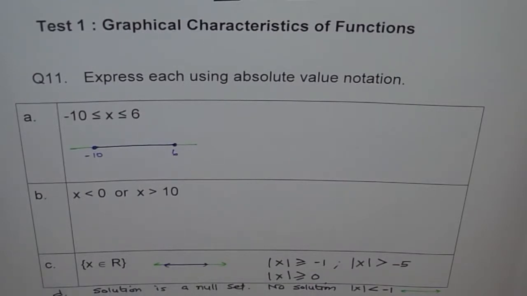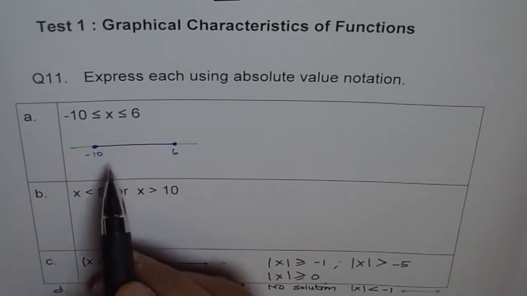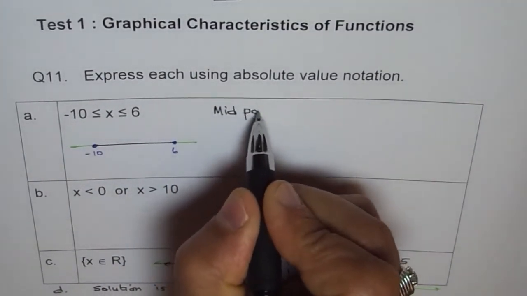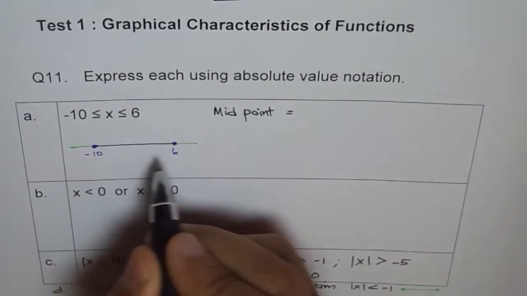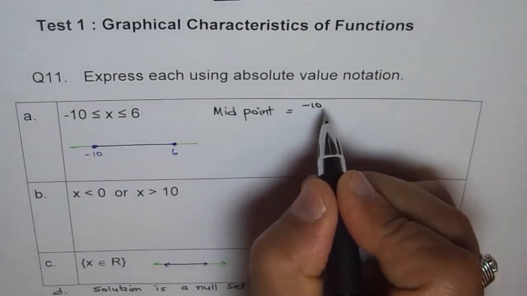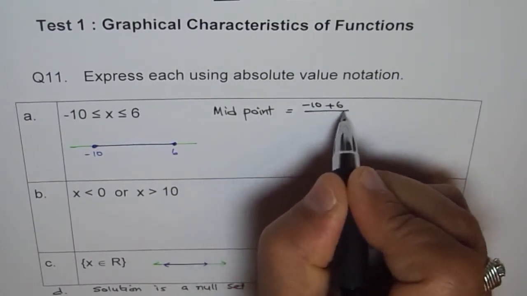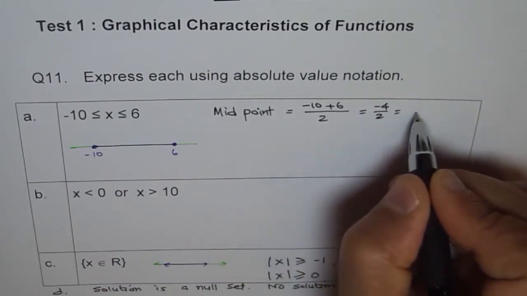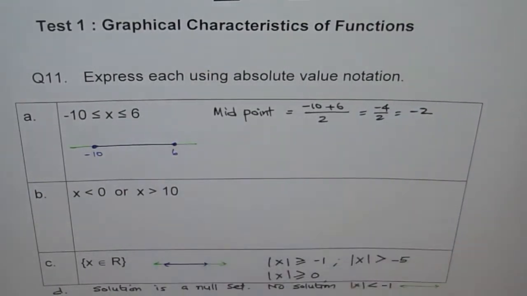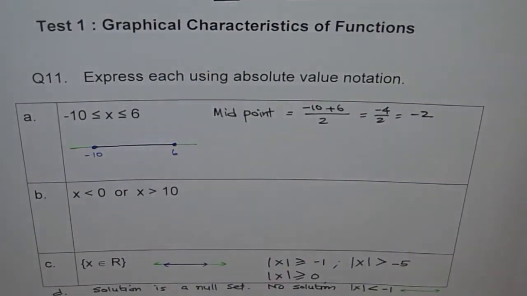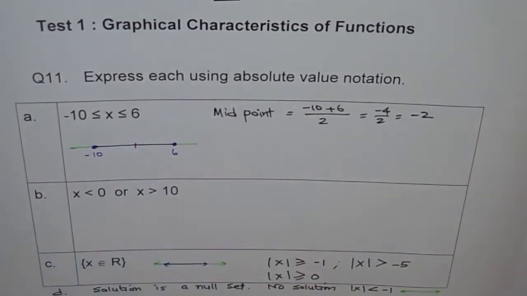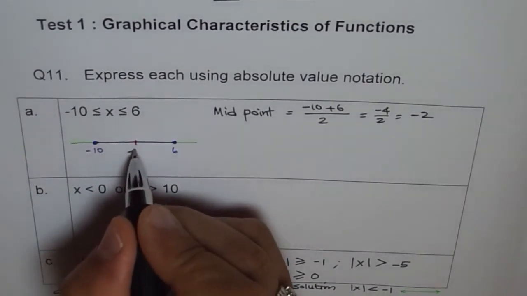So the idea here is to find a midpoint always. So whenever you have a function like this, find a midpoint. You can add them and divide by 2. So it's minus 10 plus 6 divided by 2, and we get minus 4 divided by 2, which is minus 2. So our midpoint is at minus 2.